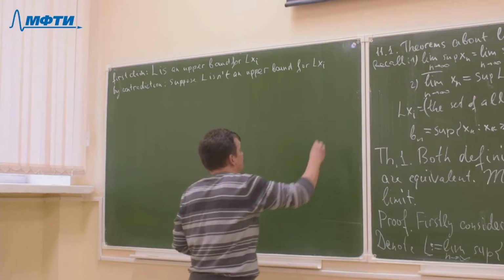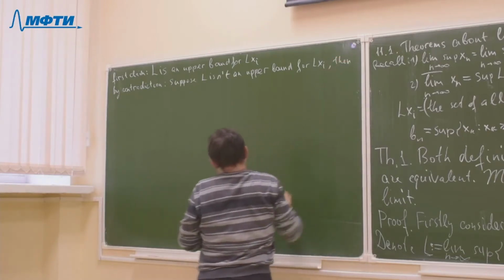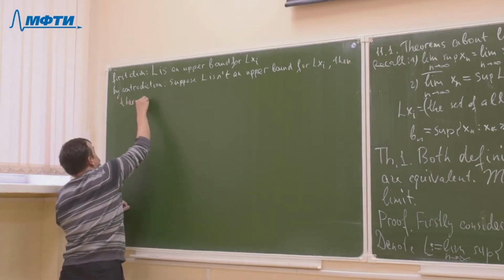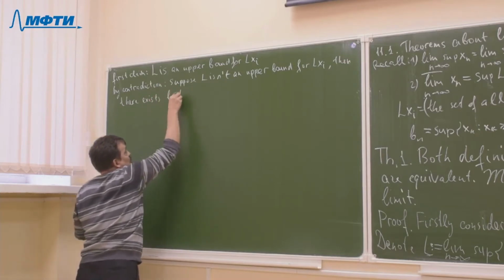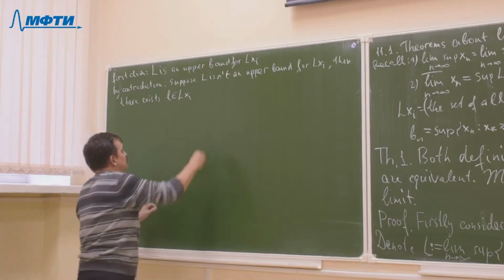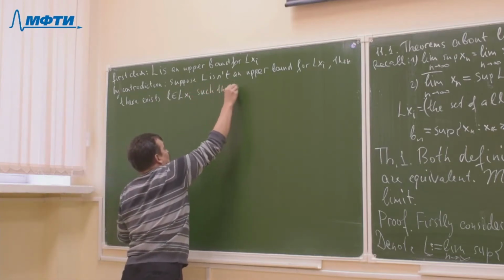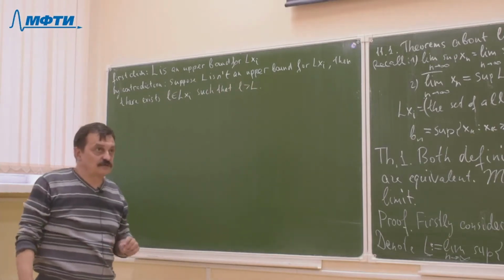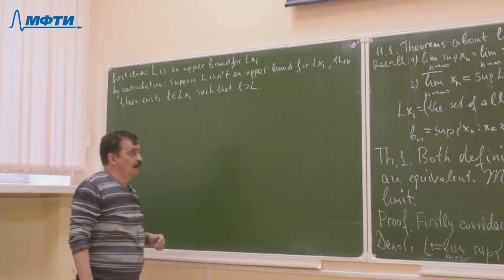So what does it mean that a number is not an upper bound of a set? Then there exists some element l in our set L(xi) such that l is greater than capital L. So we have a greater number.